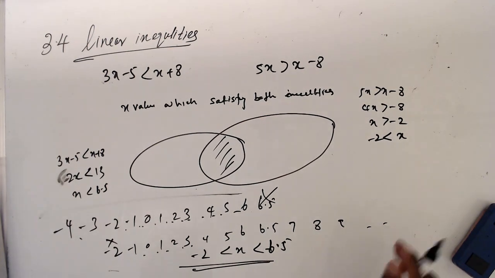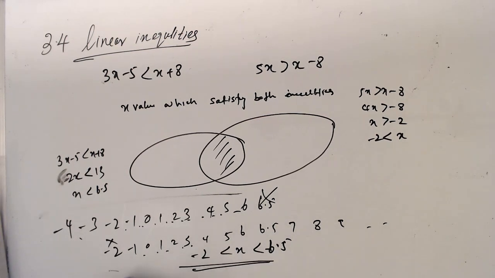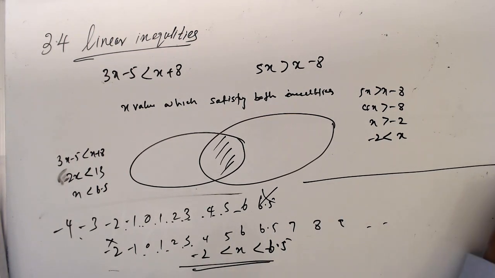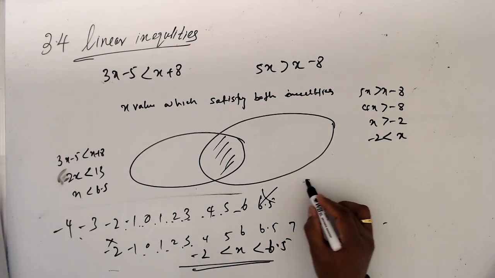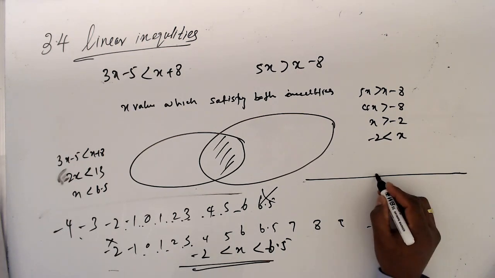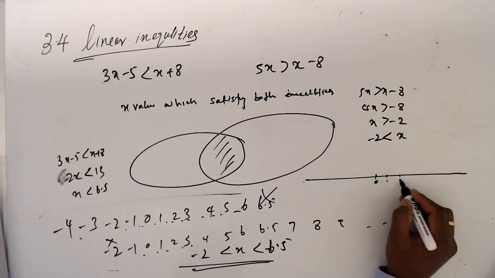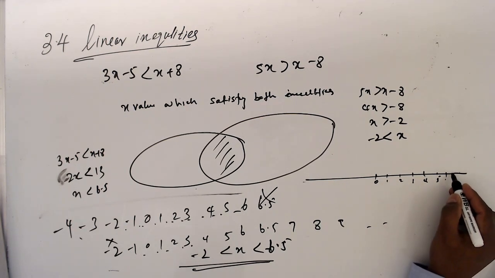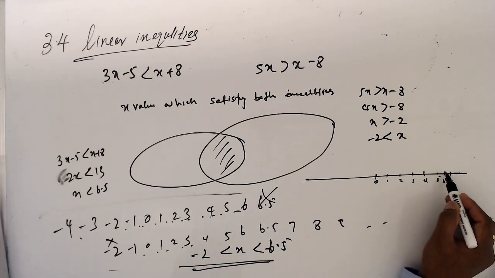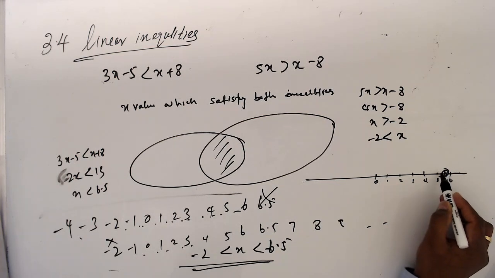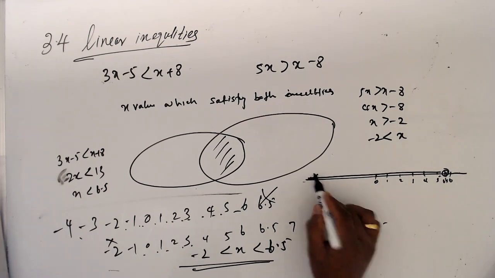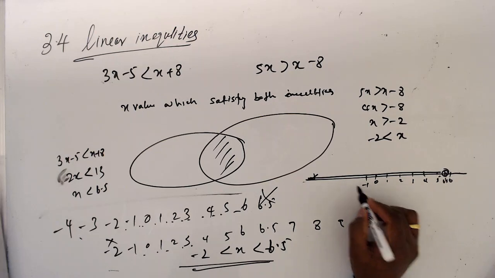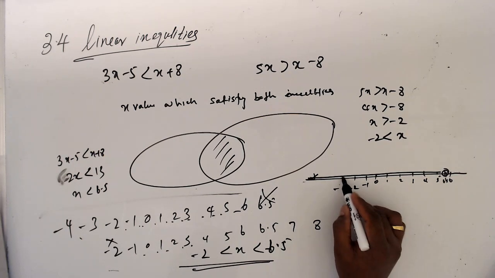If it's difficult to bring your head around it, you can draw a number line: 0, 1, 2, 3, 4, 5, 6, 6.5 here, and minus 1, minus 2, minus 3.